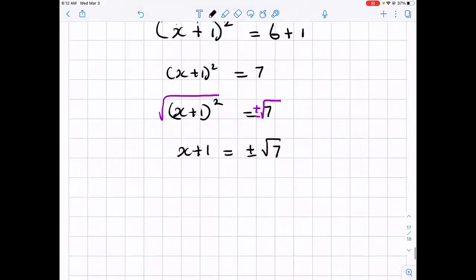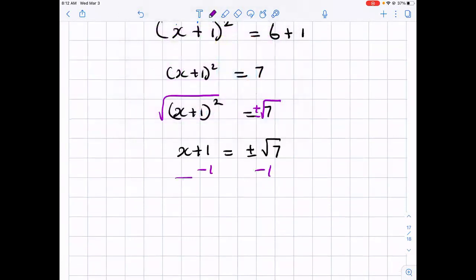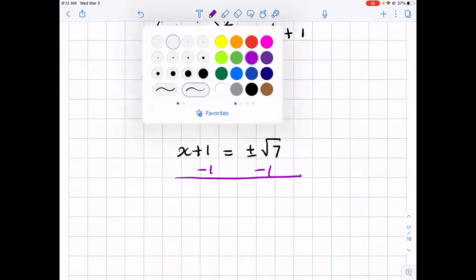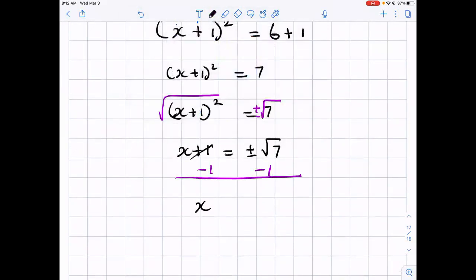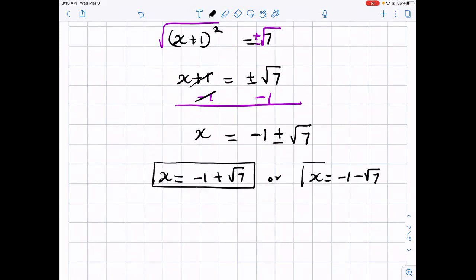Okay? And then finally, we subtract 1 on both sides. And by doing this, the plus 1 and the minus 1 cancel, and we have x equals minus 1 plus or minus square root of 7. Yeah? So the solutions are x equals minus 1 plus the square root of 7, or x equals minus 1 minus the square root of 7. So here are your two solutions.